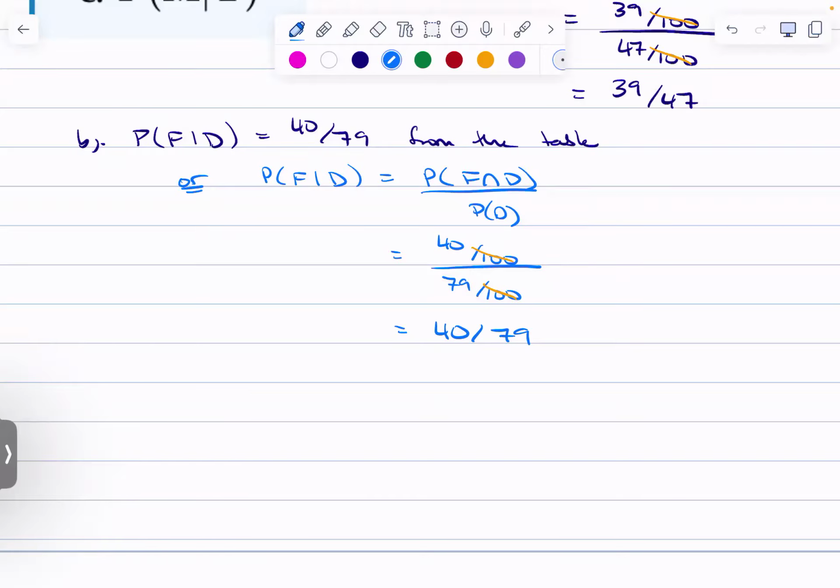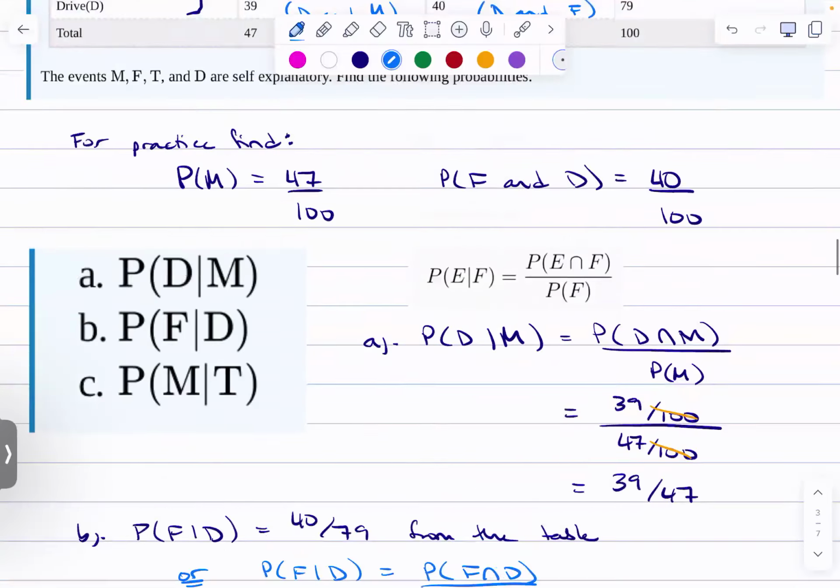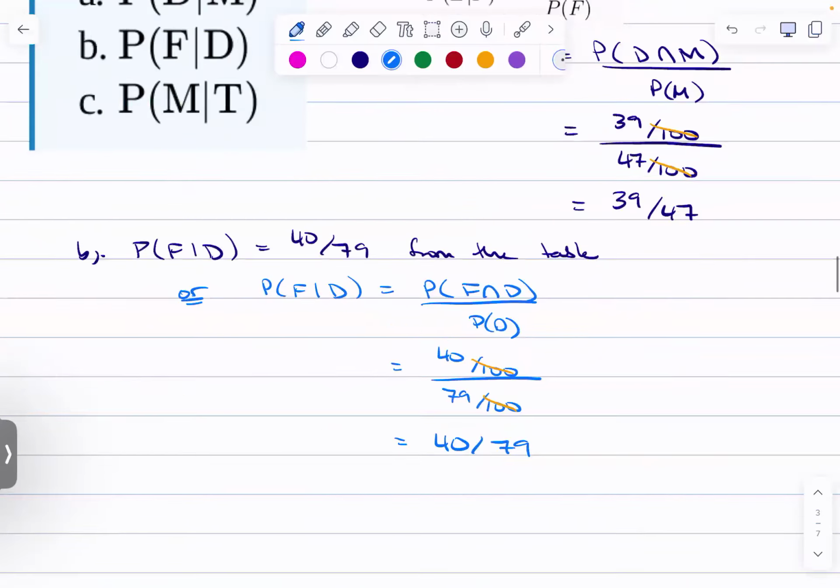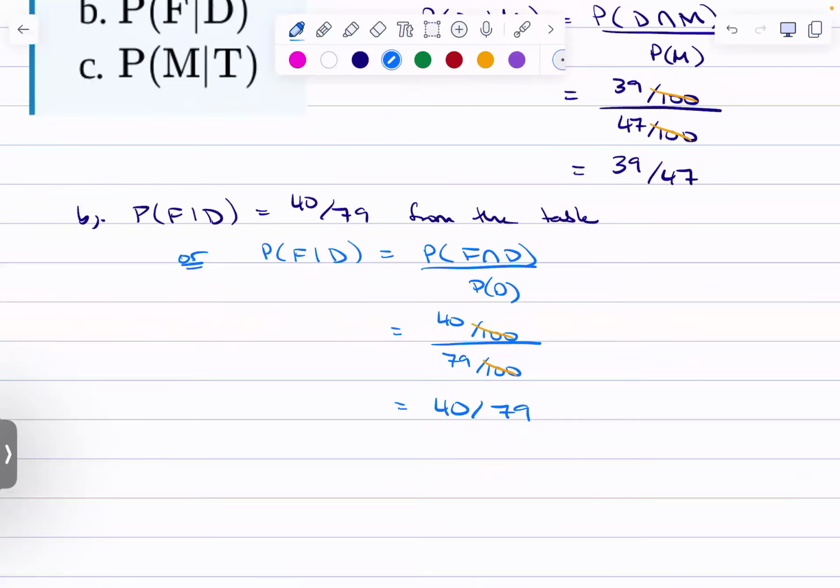It just depends on how your brain works. If you're having a hard time looking at this table and figuring out what's been given and then restricting your total to that information, then the alternative is to use the formula. Just figure out what is easier for you. Okay.